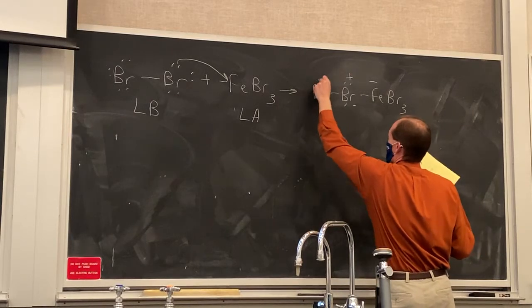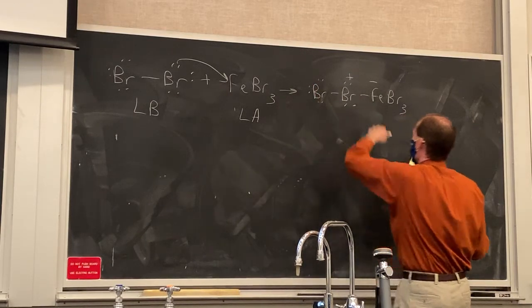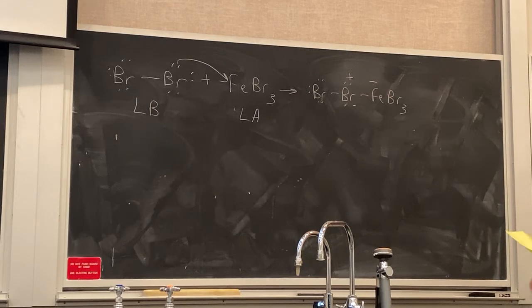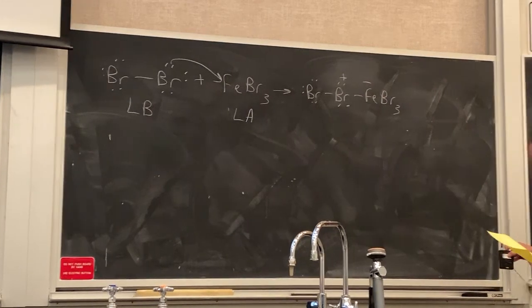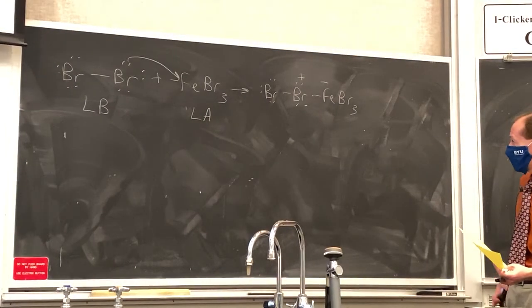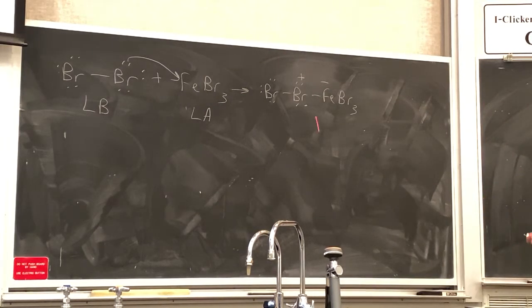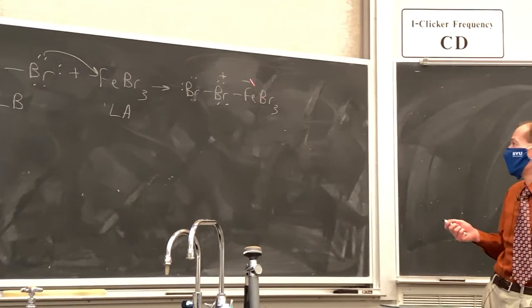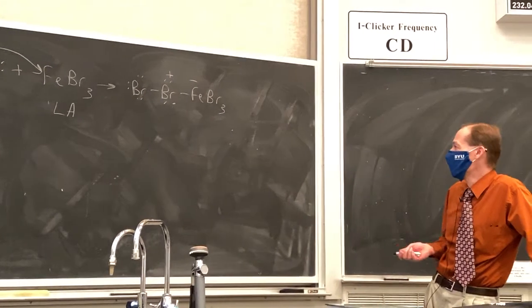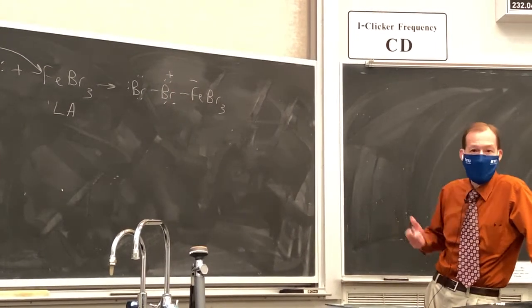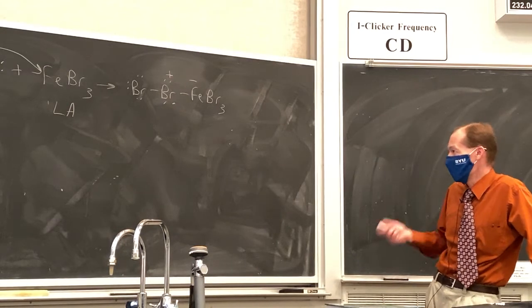We're going to have formal charges on the iron and the bromine. These charges, because they're formal charges, they're not full +1 and -1 charges. They're partial charges, but this bromine does have a partial positive charge on it.